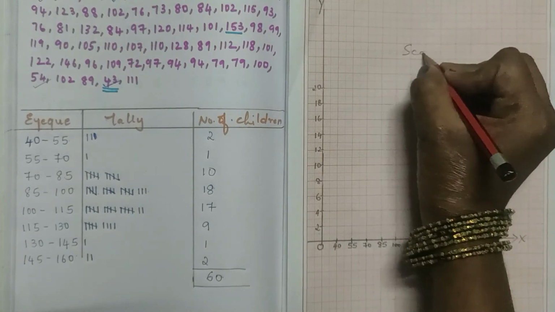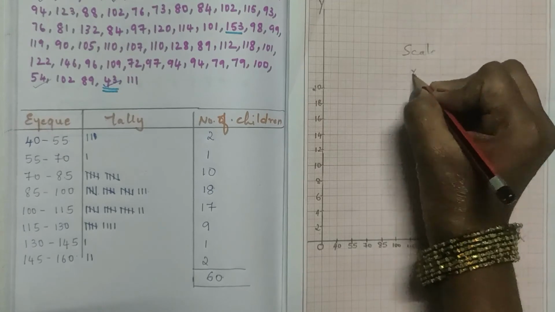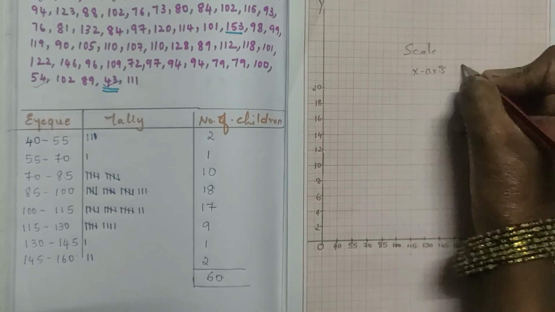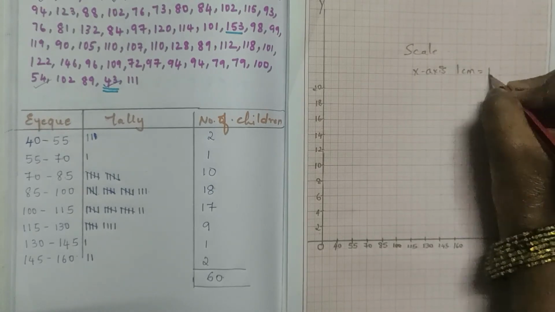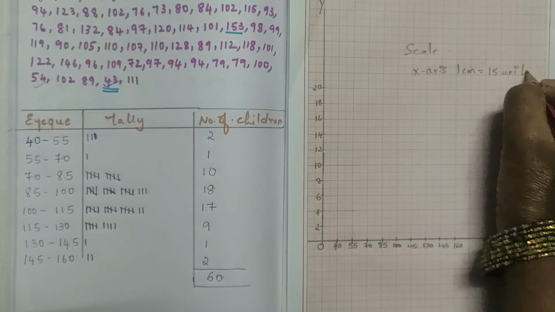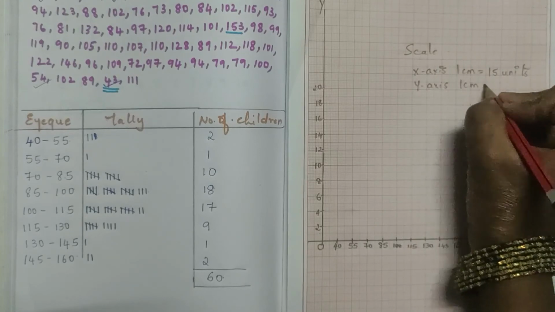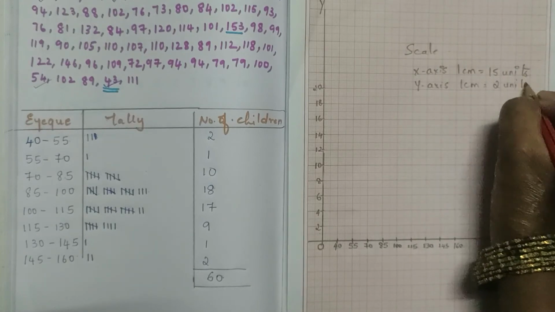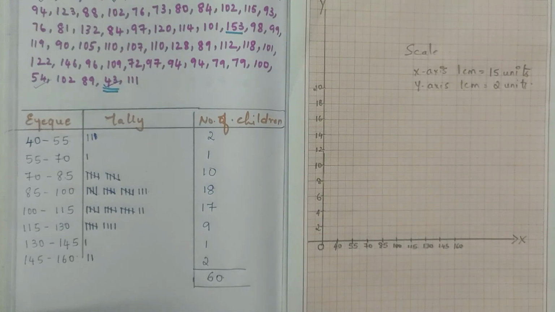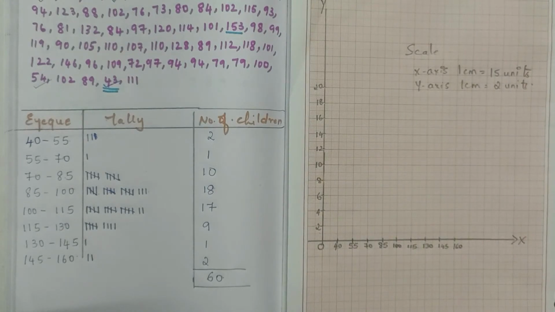Now we need to write the scale first. Whenever you draw a bar graph like this, you always have to write the scale first.